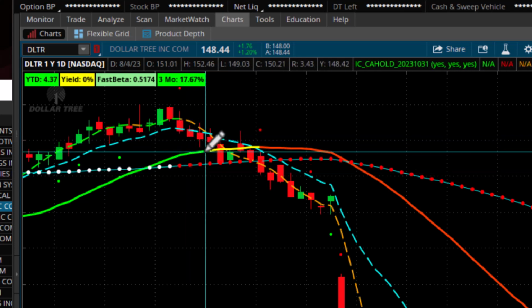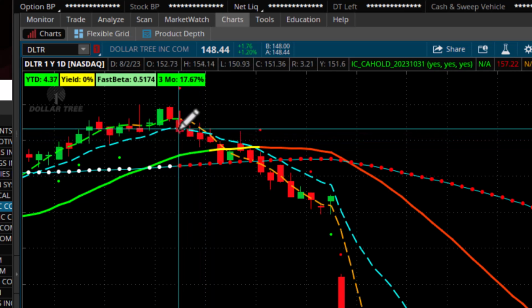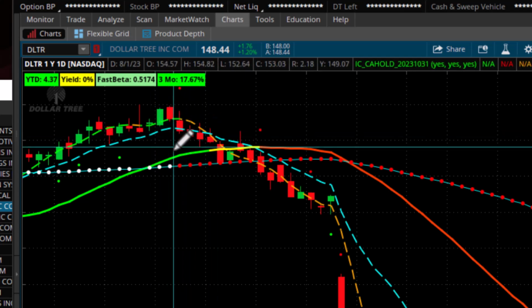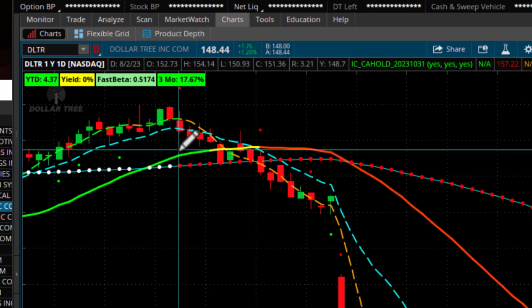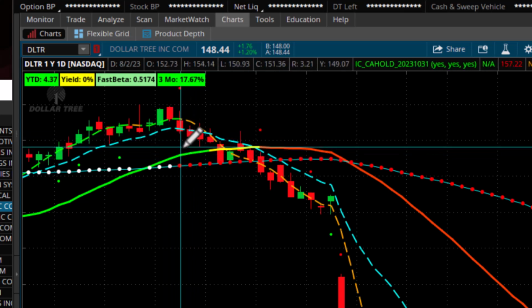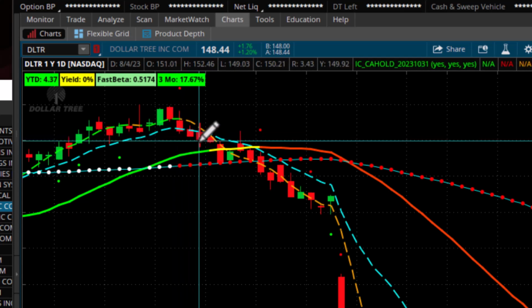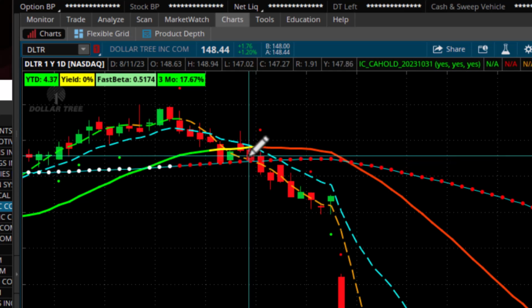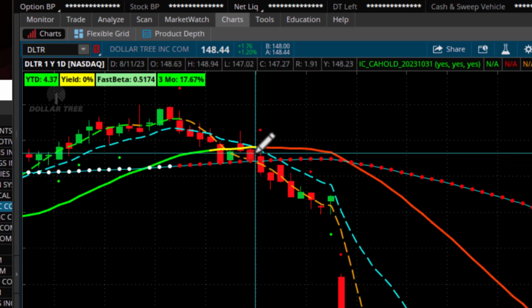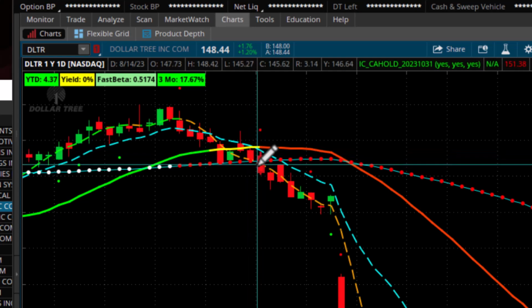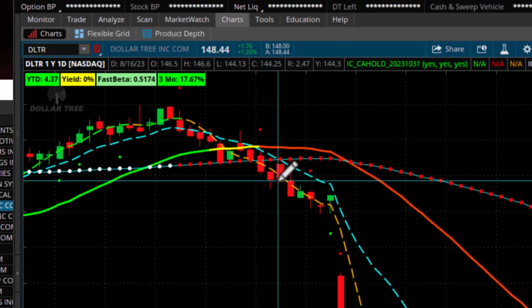Phase 5 means that the stock price has closed below the 10-day exponential moving average, but is still above the 30-day simple moving average. So here, these are all in phase 5. When the stock price closes below the 30-day simple moving average, it is going to be phase 1. There'll be phase 1 in here, phase 1.